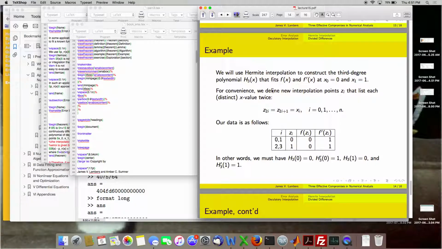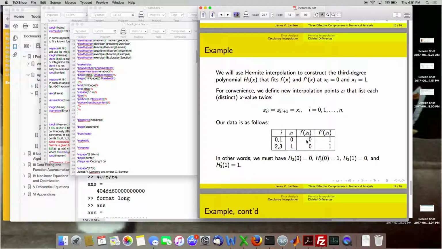Now I'm going to define my z's as my interpolation points with duplicates. I have only 2 x values, but I have 4 z values. So z0 is 0, z1 is 0, z2 is equal to 1, and z3 is equal to 1. That's how I'm listing each x value twice.